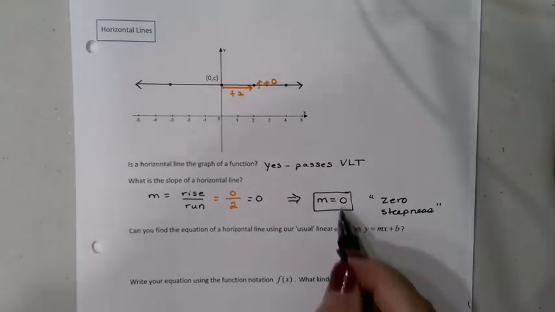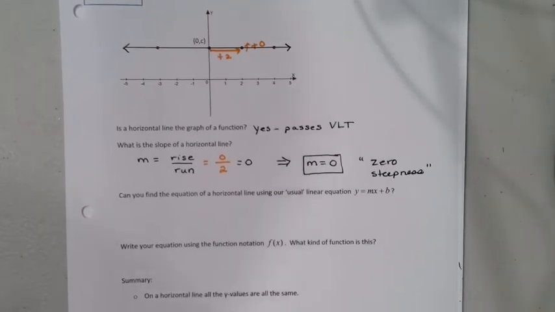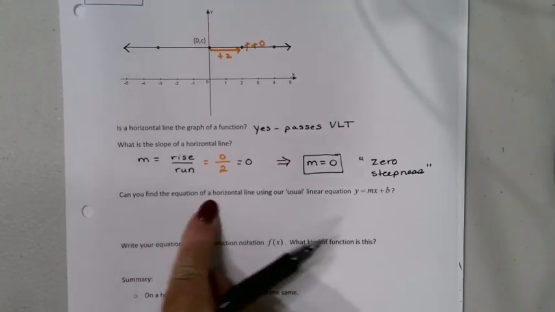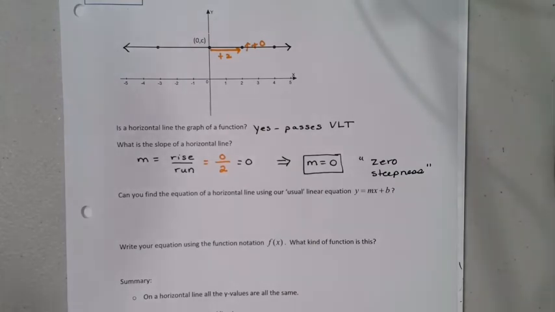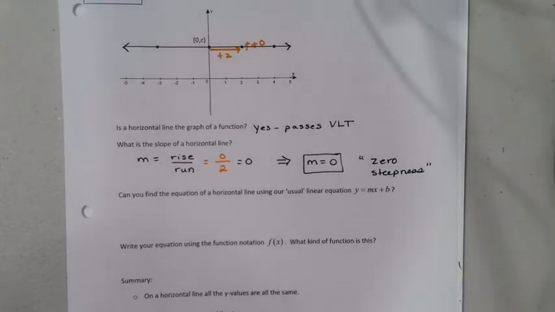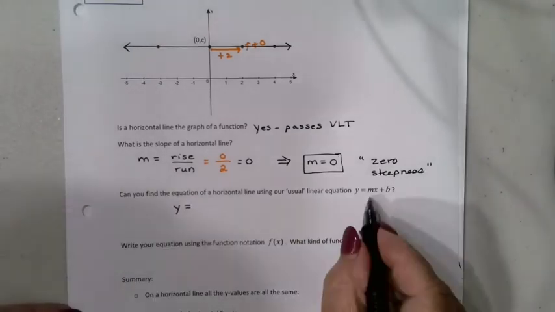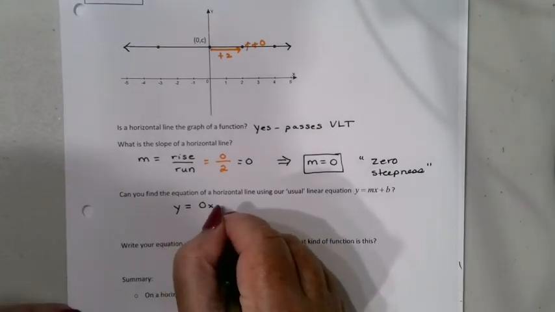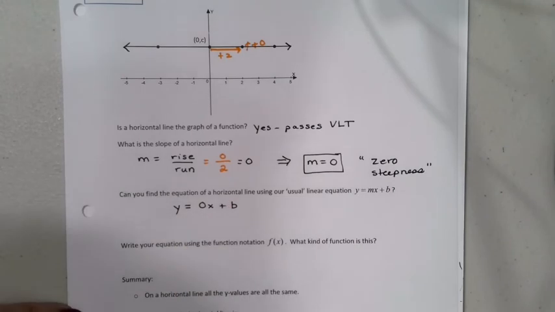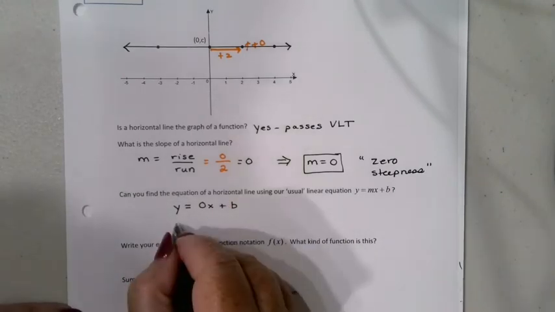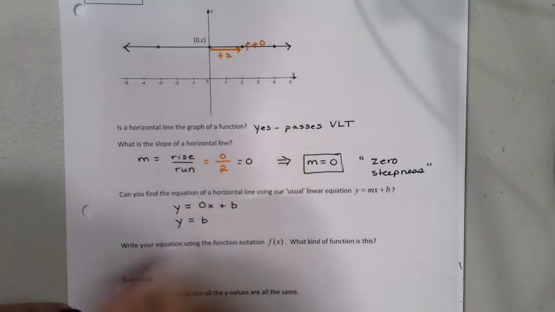Well, since we do have a numerical value for m at 0, we could find the equation of a horizontal line using kind of our normal linear equation, y equals mx plus b. M is 0, and 0 times x is still 0, so I just get y equals b.